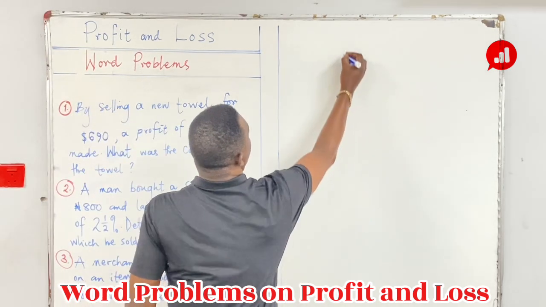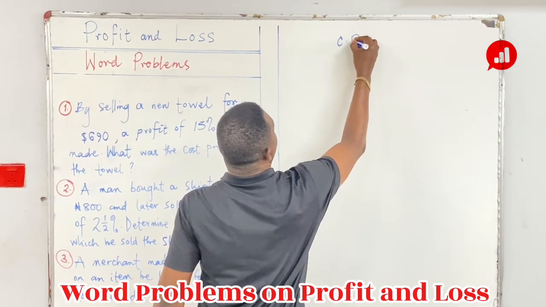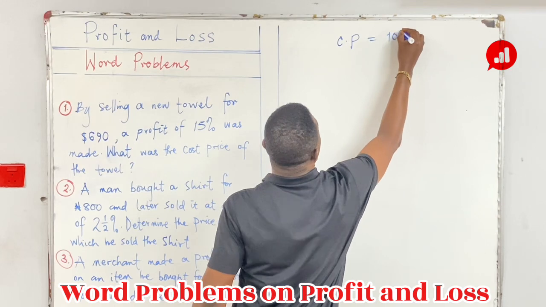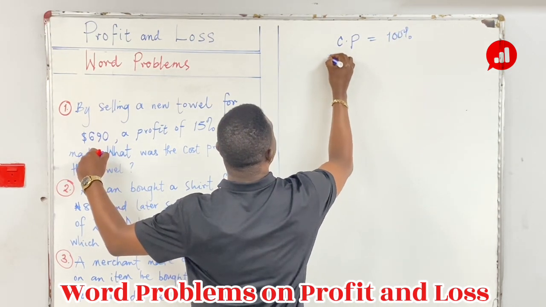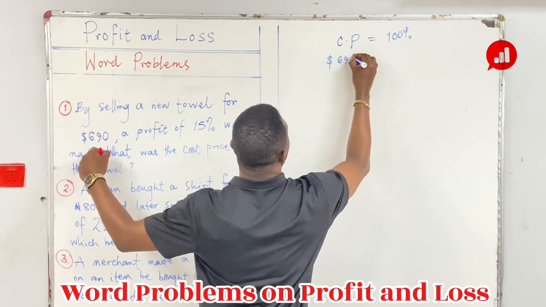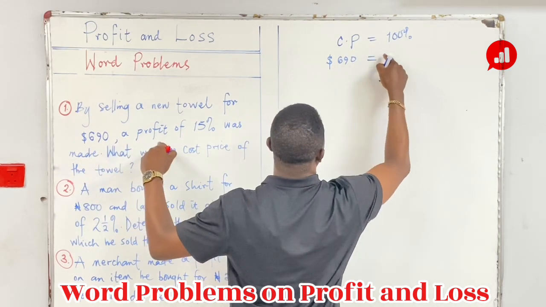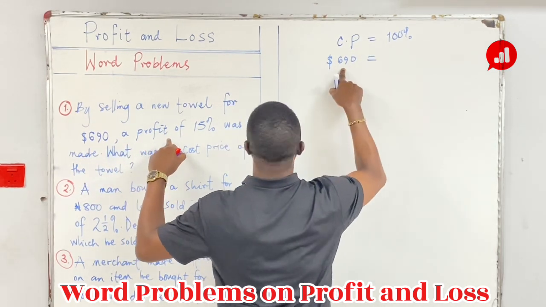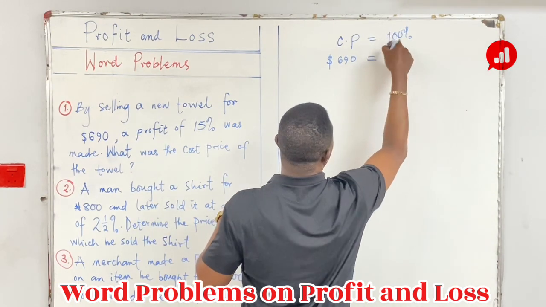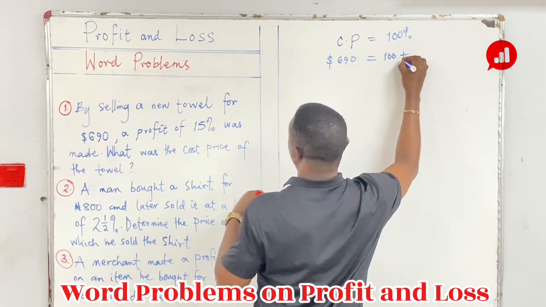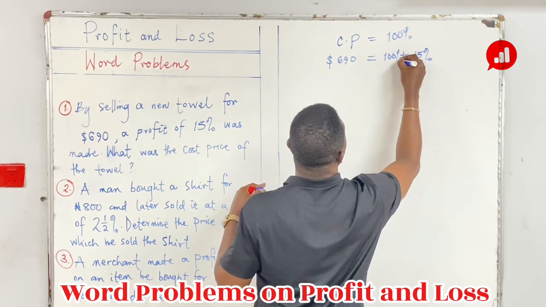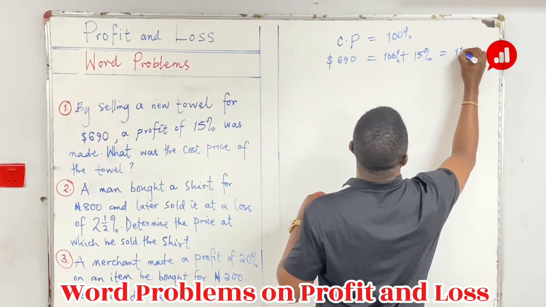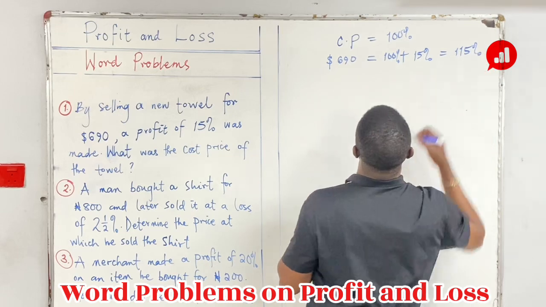So let's go. Cost price, CP, we don't know, but we understand it to be 100%. Selling price, we have it, which is $690, is equal to the percentage of this selling price. It will be the cost price plus 15%, so 100% plus 15% will give us 115%.